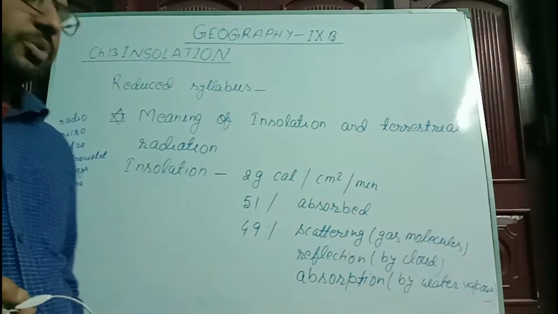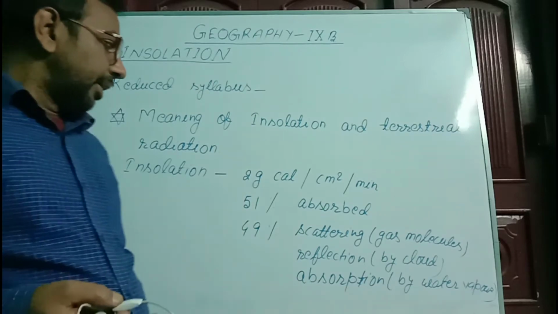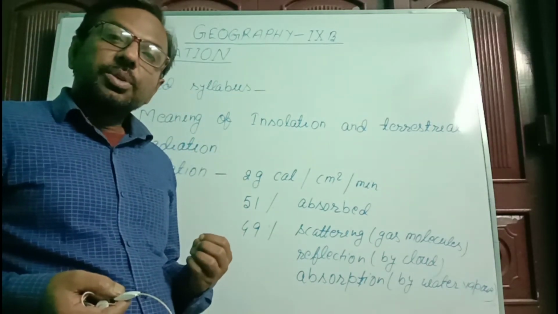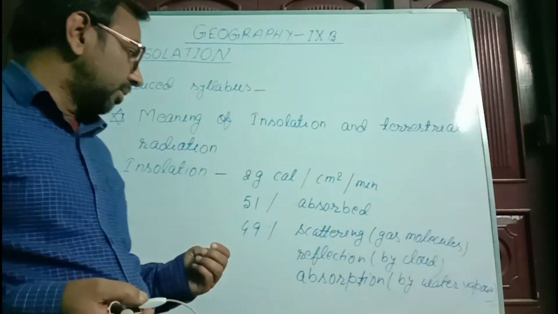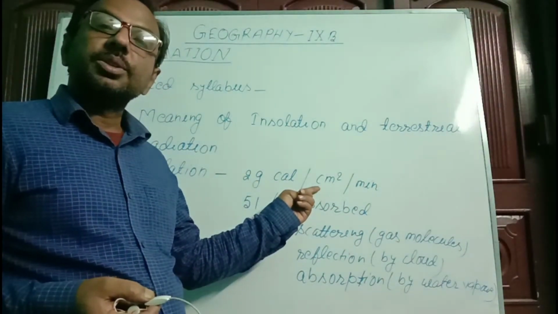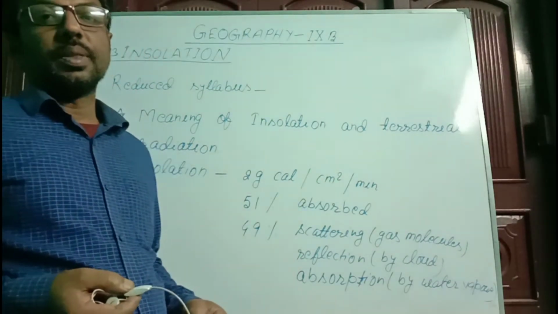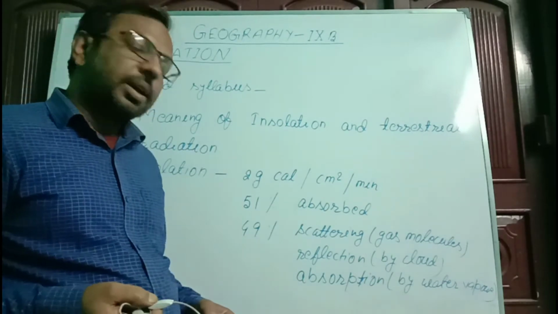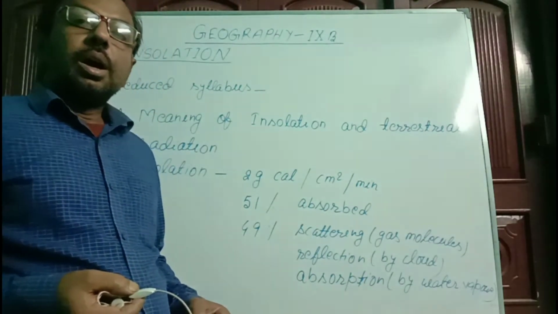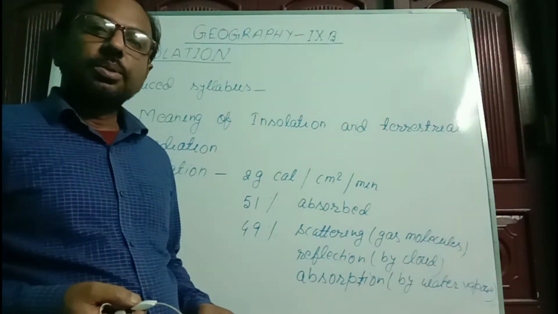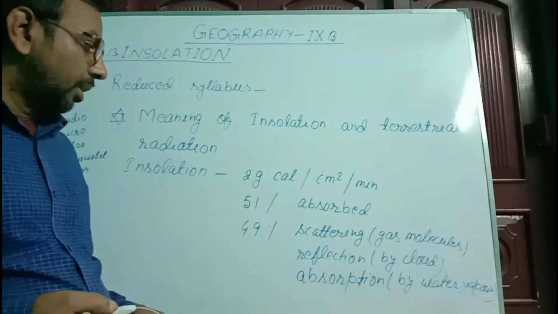Few more facts about solar radiation. The amount of solar radiation absorbed by the unit area of the Earth's surface is 2 gram calorie per centimeter square per minute. This is the rate of absorption of solar radiation by the Earth's surface. And how much solar radiation is sent from the sun to the Earth's atmosphere?